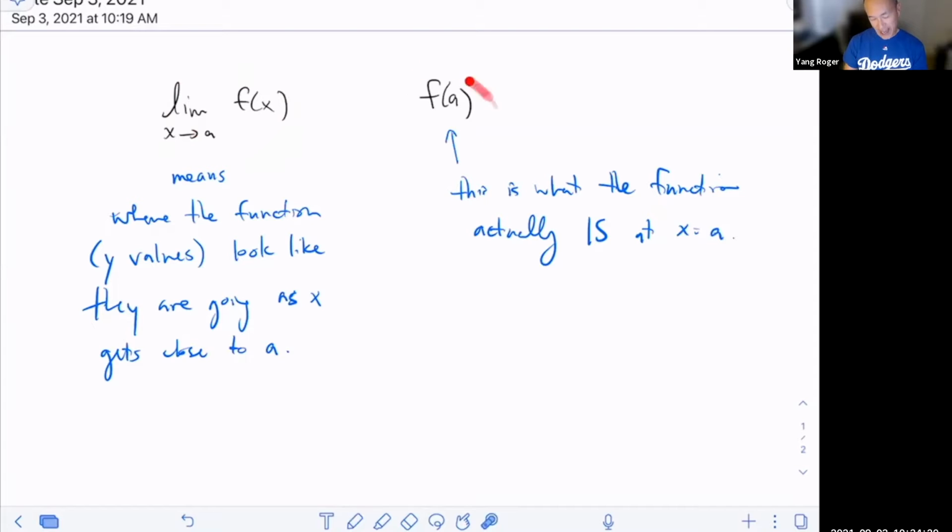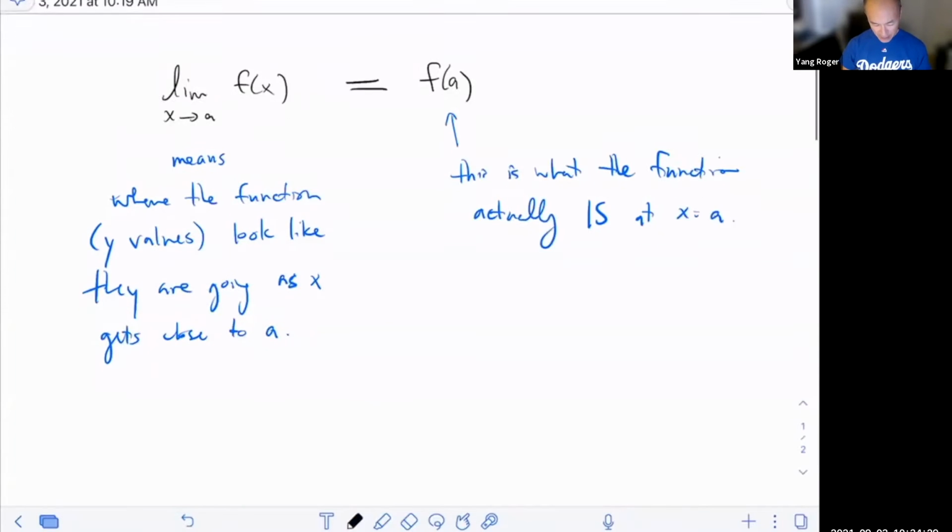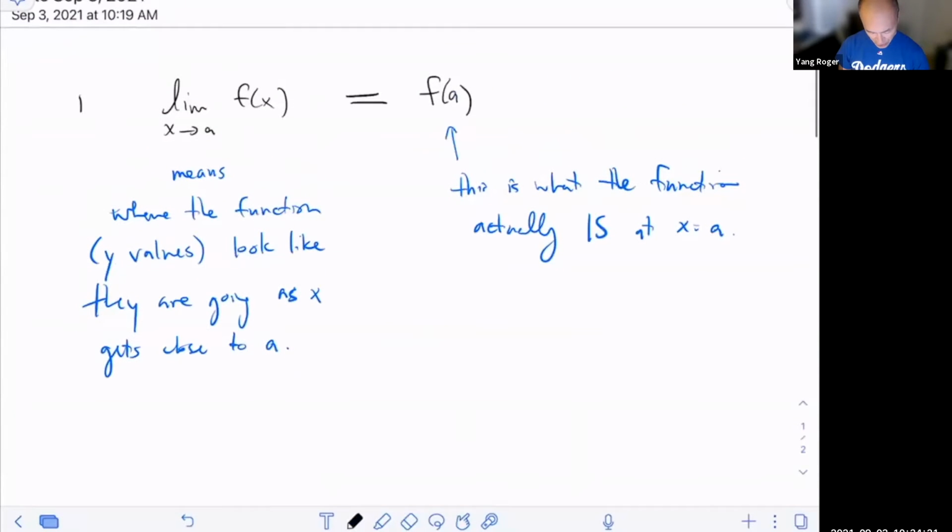This side is saying, hey, this is what the function actually is. And when those two things are actually equal to each other, so if this is true, then we say f is continuous at a.